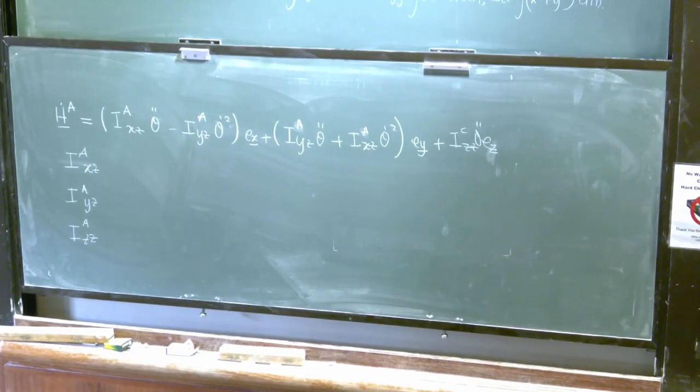Let us start with IAZZ. Is that value given in the table? What is it equal to? This you should have from before, and it's on the website. What is IAZZ for the uniform slender rod?